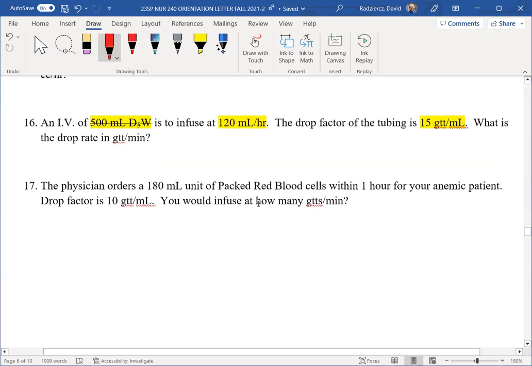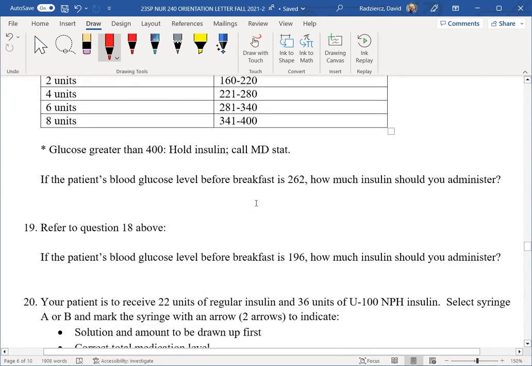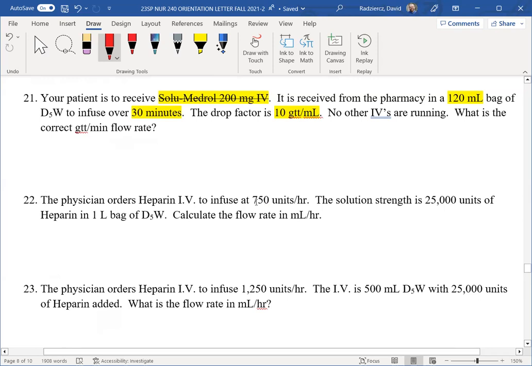All right. Let's see here. This is another question where there's extra information. It's asking you to calculate a flow rate. Now, for you, it might not say what is the correct drops per minute flow rate. It might just say what is the correct drop flow rate or drop rate or infusion rate. The clue that you're going to be doing drop rate, drops per minute, is that it gives you a drop factor.